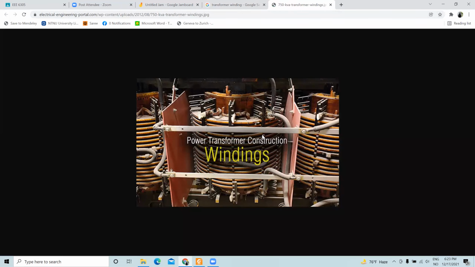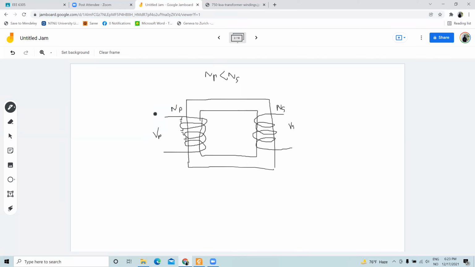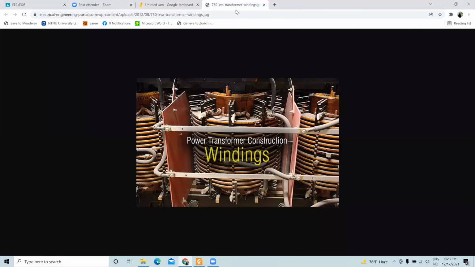So let's say this is the top part of the winding, T, and this is the bottom part, B. So this is one winding, and you see that the windings have a certain gap from one another.